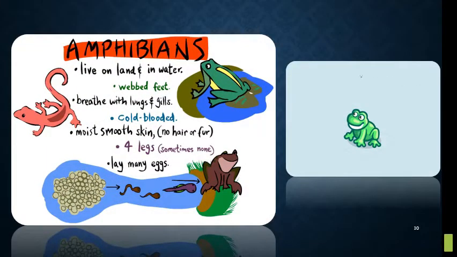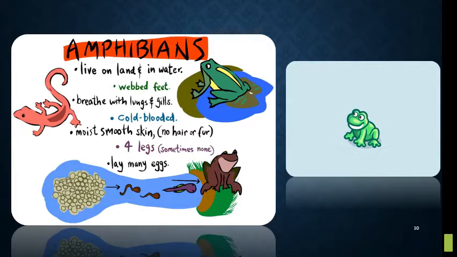Now we have the amphibians. And what happened with the amphibians? So these are very special, kids. Why? Because they start their life living on water, but when they grow, they start living on earth. Okay?